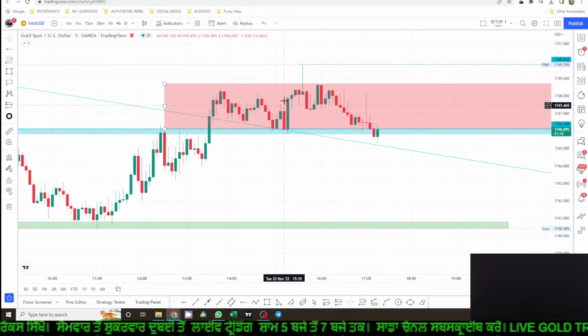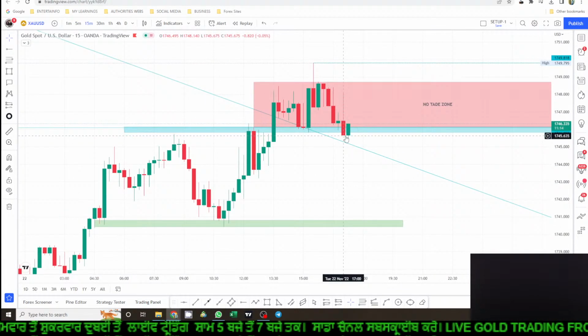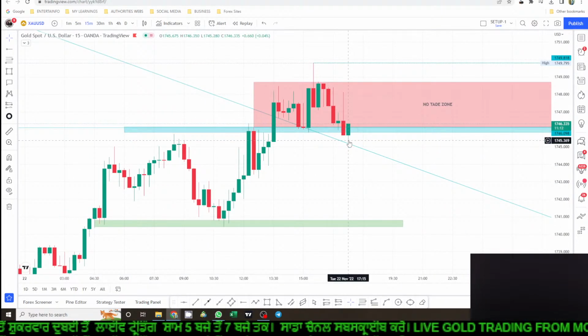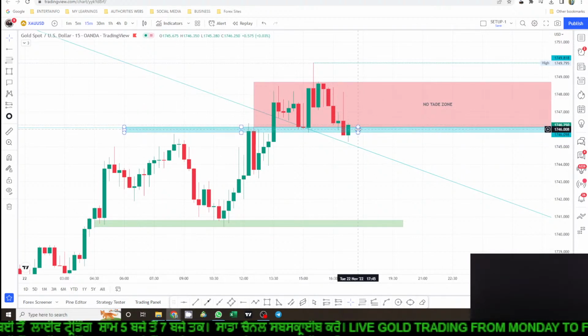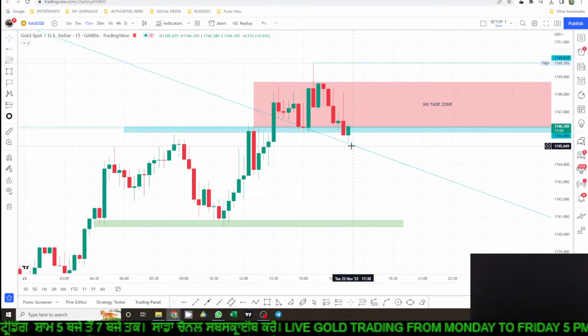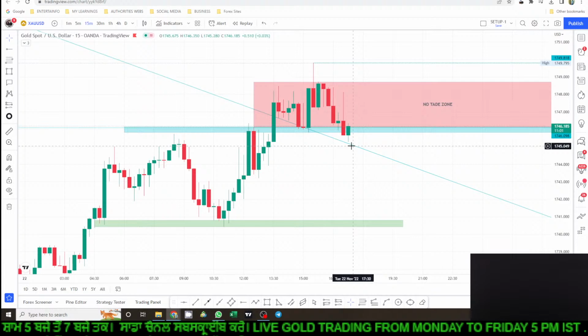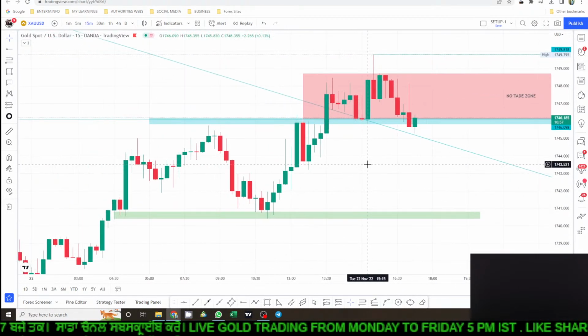So let's see the 15 minute. Yeah, it broke below the previous low and formed a wick on 15 minute. Now it's moving upside. If it continues going downside, that will be great. But because today there is no high impact news, we can't expect that.